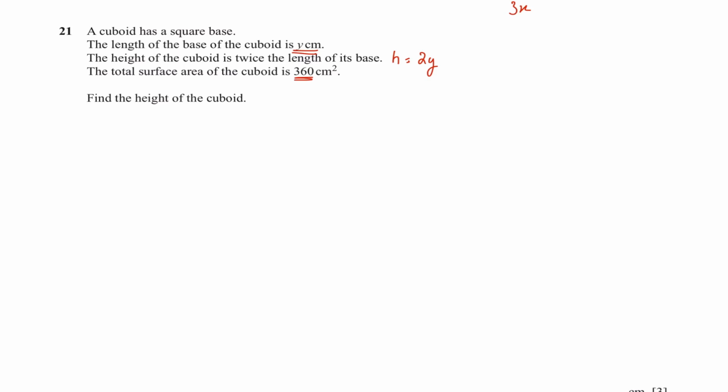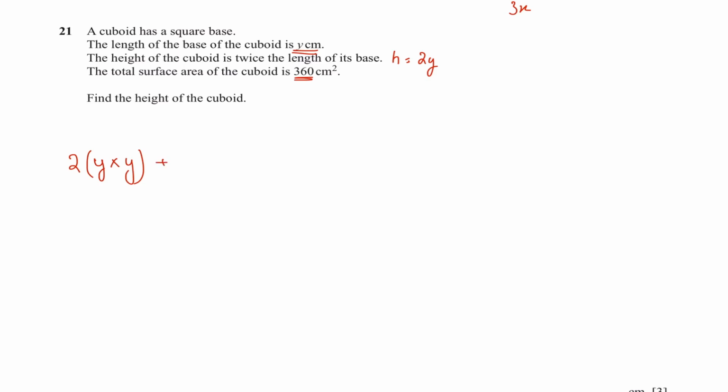So how do you find the total surface area? Since it has a square base, that means the base and the top are going to be of the same dimensions. So y times y is going to give me the area of the base, and then I'll simply multiply it by 2 in order to take into consideration both the base and the top.